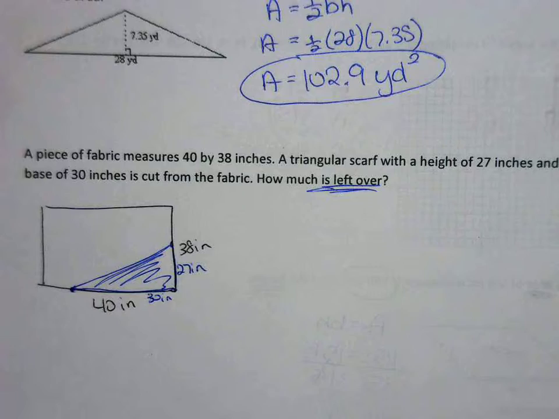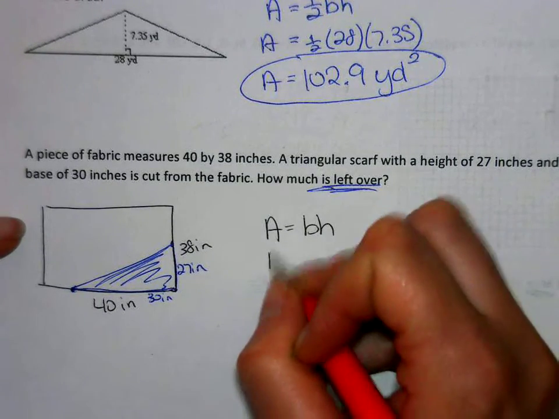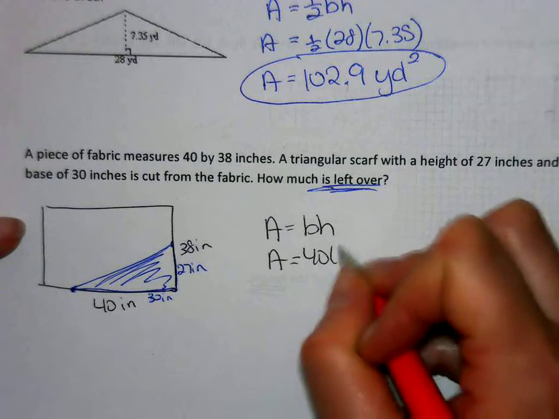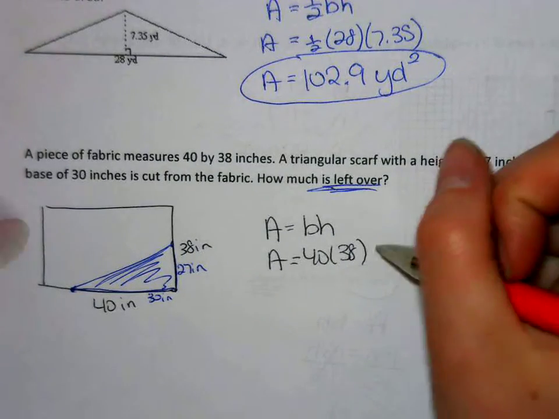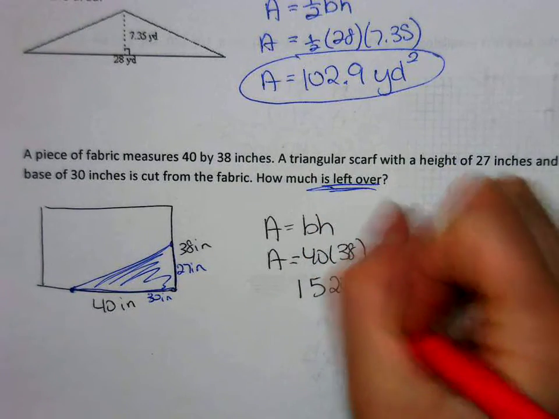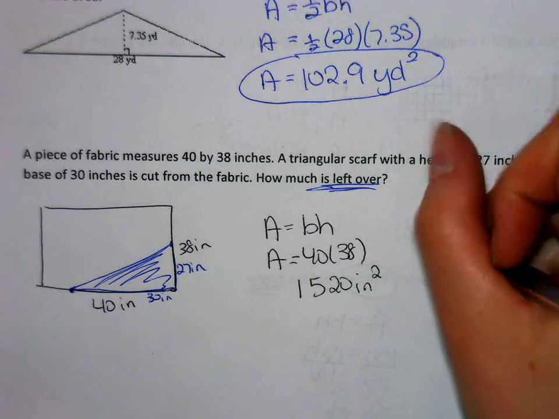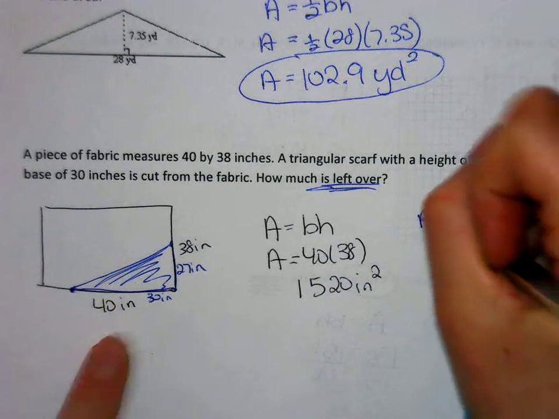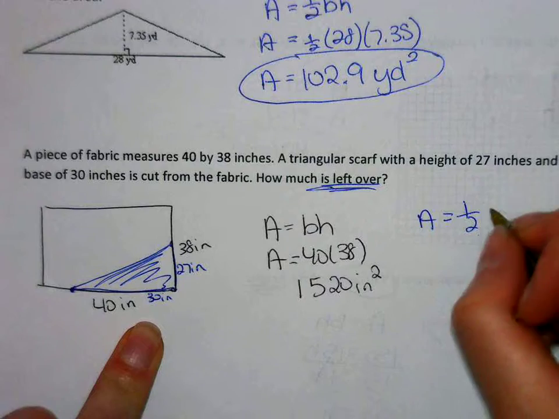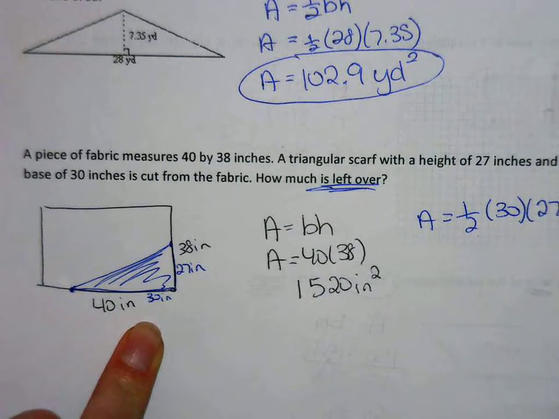So first of all, we can find the area of the large one, which is a rectangle. We know it's base times height, so it's 40 times 38, and we end up with 1,520 inches squared. Then we need to find the area of the triangle that we want to cut out, which is 1/2 times the base, which is 30, times the height, which is 27.